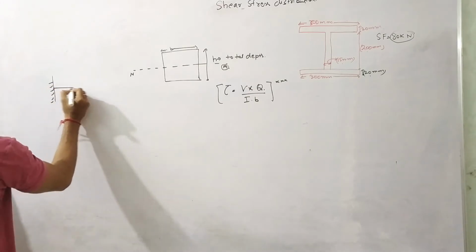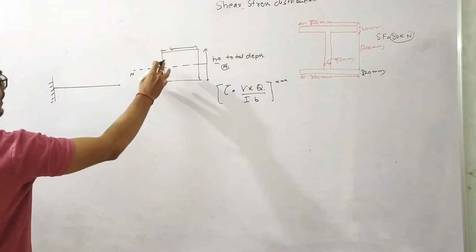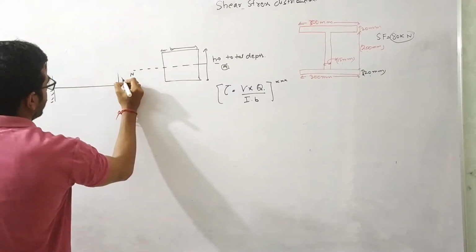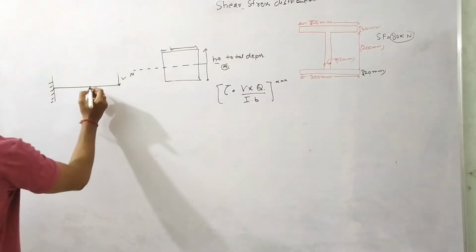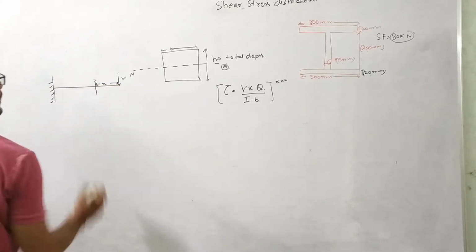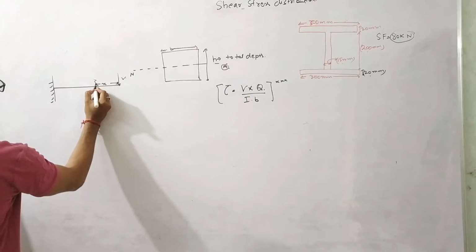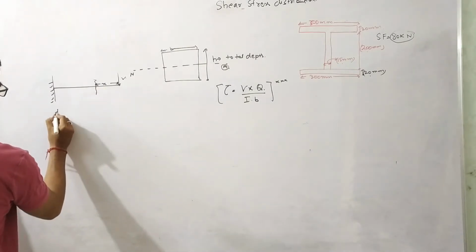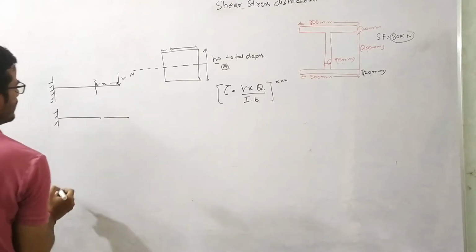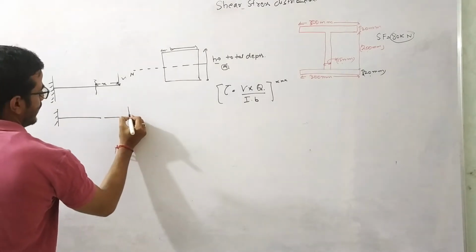This is my cantilever beam, and it has a rectangular cross section. A point load is acting at this point B, let us suppose. I'm taking any cross section at this point. If I enlarge this portion, it will look like this.